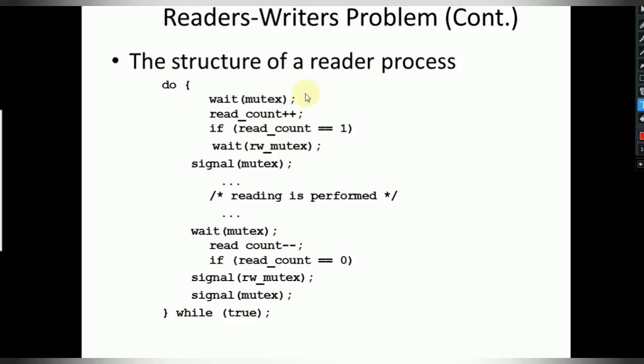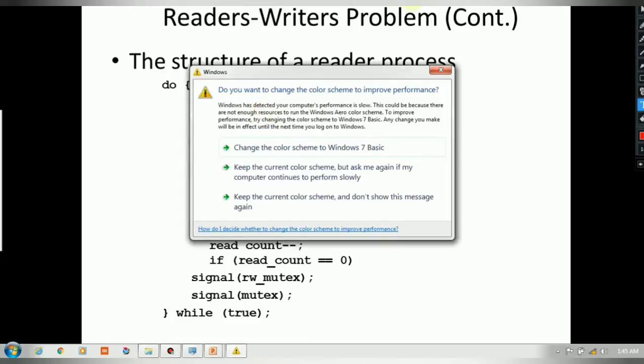We are using all three variables in this algorithm. We use wait mutex to ensure that the read count value is manipulated by only one reader process at a time. Because multiple processes are given access, we make sure that one process at a time is changing this value.